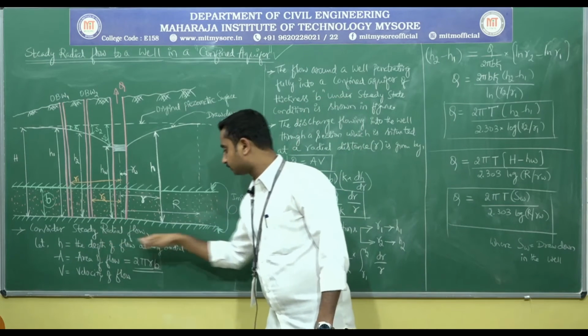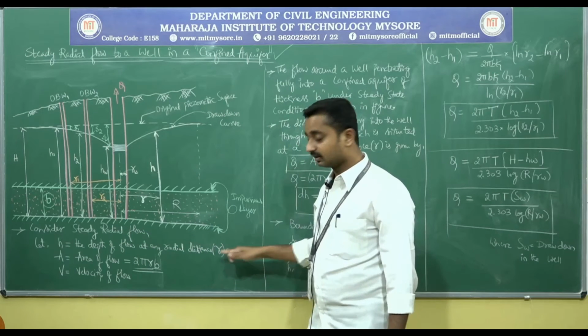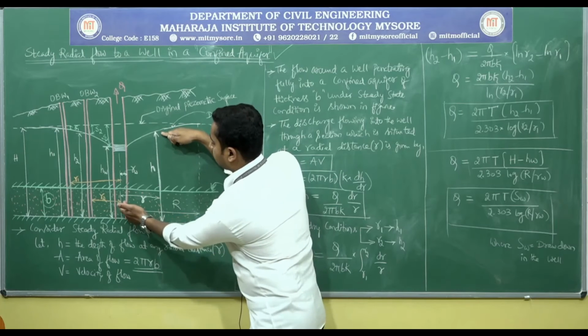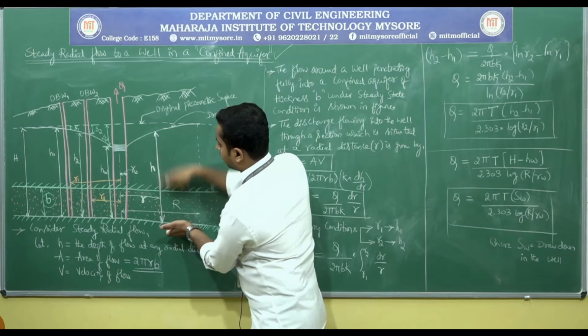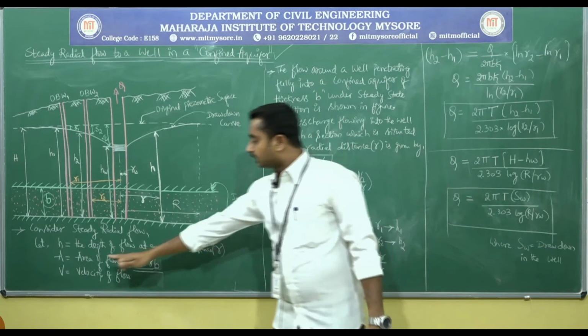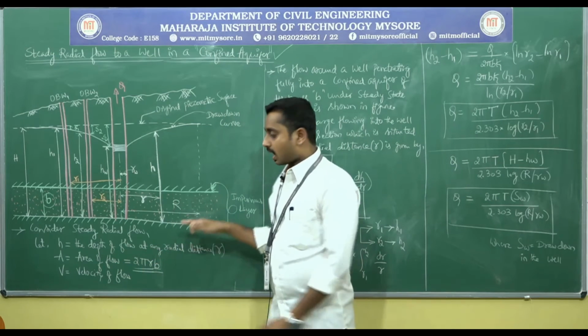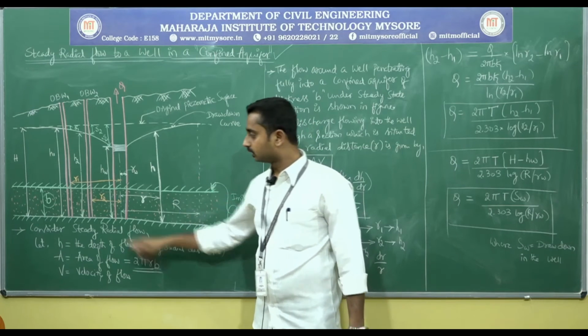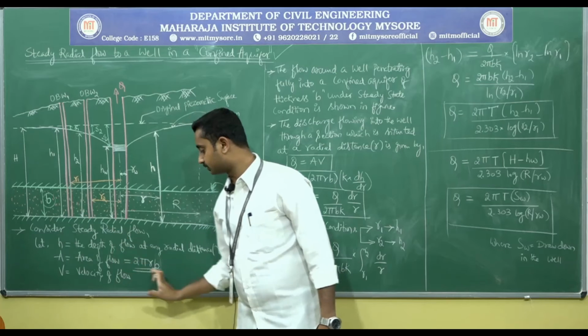H is the depth of the flow at any radial distance r. The area of the flow is 2 pi r B, where B is the thickness between the impervious layers.